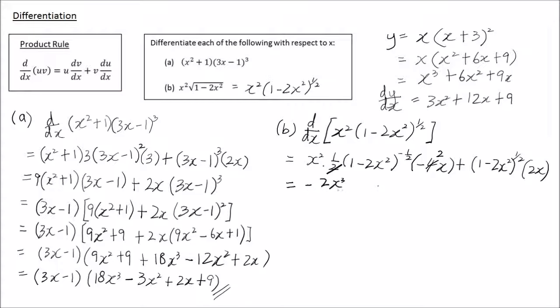And this is over this bracket. We can bring this to the denominator. Because the power is negative half, when you bring it down to the denominator, it becomes positive half.